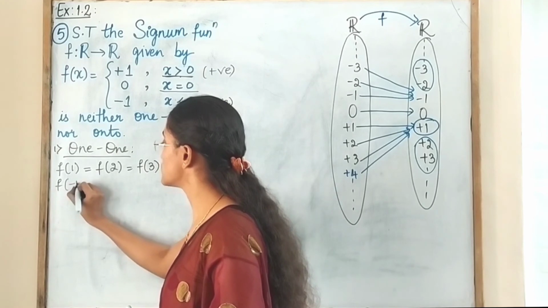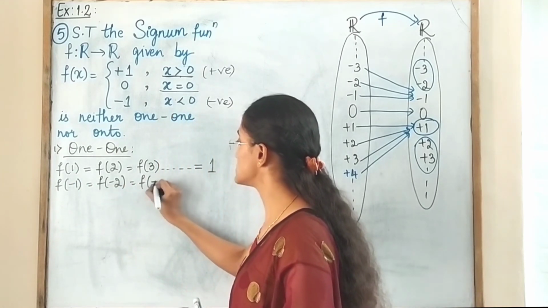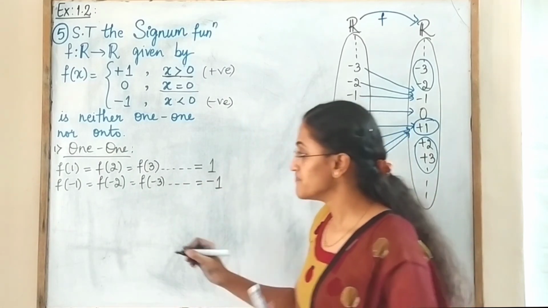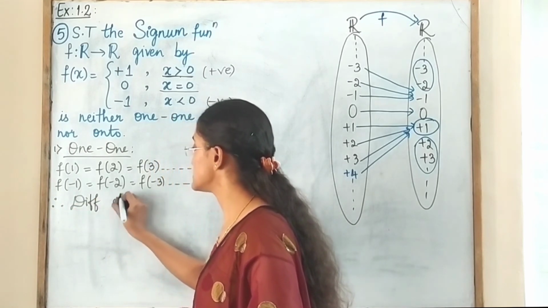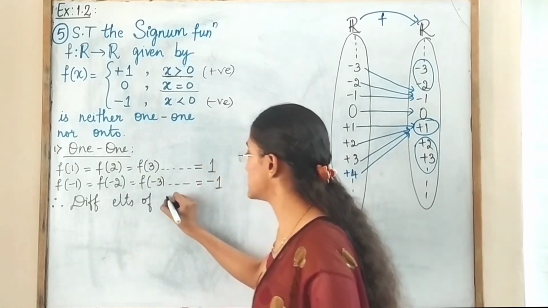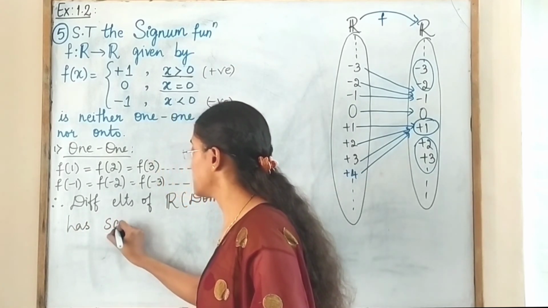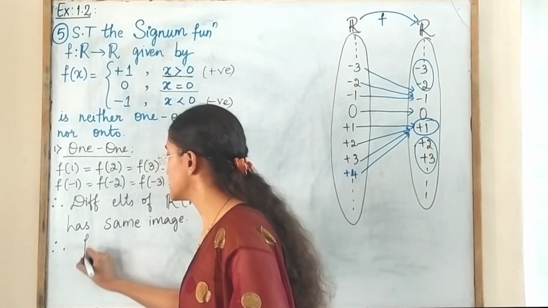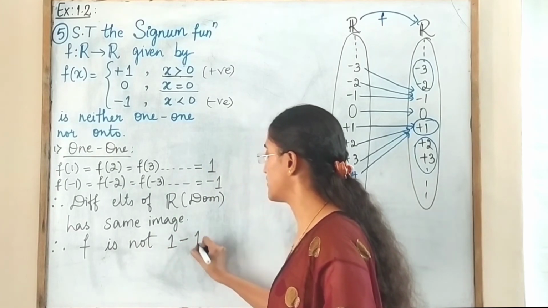F of -1 is equal to f of -2, f of -3, and so on, having the same value -1. Therefore, different elements of the domain R have the same image. Therefore, you can conclude that the function f is not a one-one function.